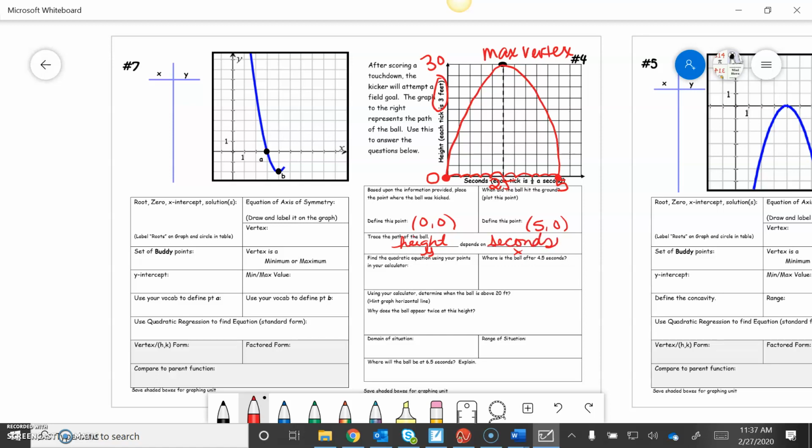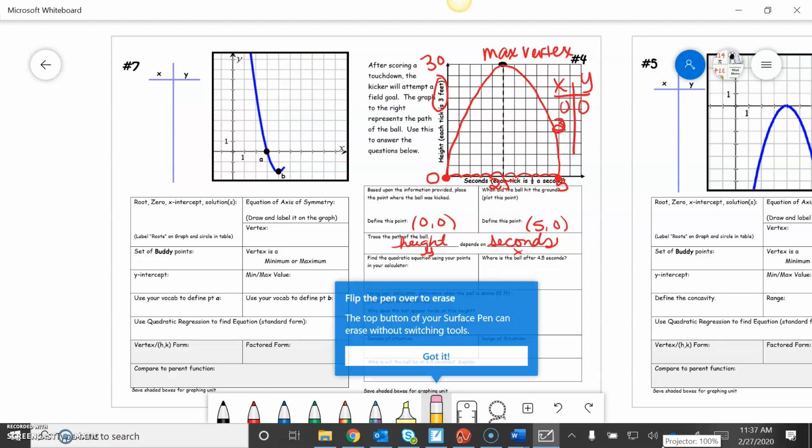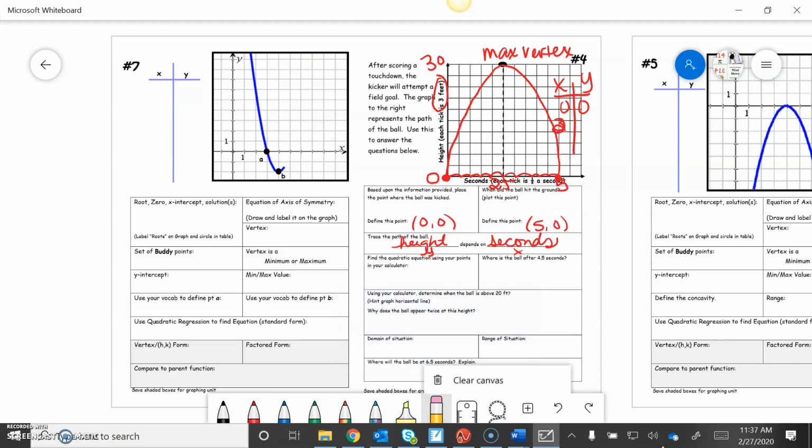So then we went ahead and we talked about, we had 3 points here. We have 0, 0. We have 2.5, 30. And then we also had 5, 0. And we talked about for this piece we needed to go to our calculator, and we could use our calculator to write our regression.